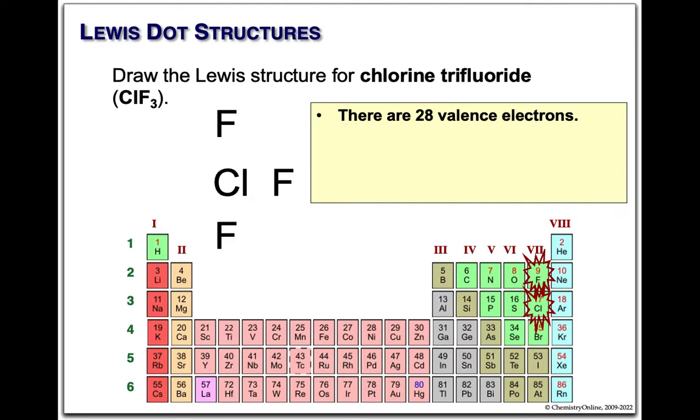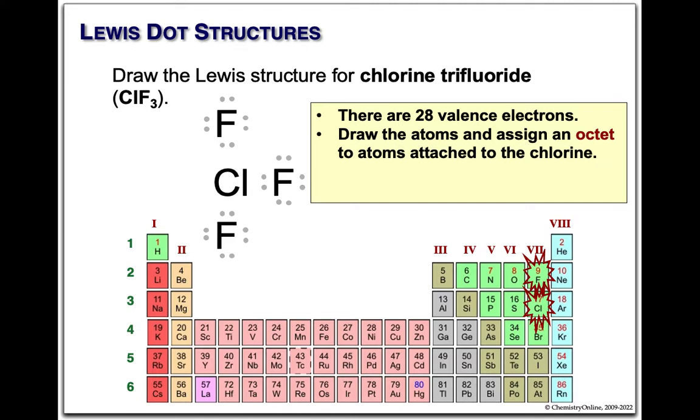Second rule, we're going to make an octet around each of the fluorines. Okay? Third rule, we're going to put remaining electrons on the chlorine. Well, we have used 8 times 3, 24.